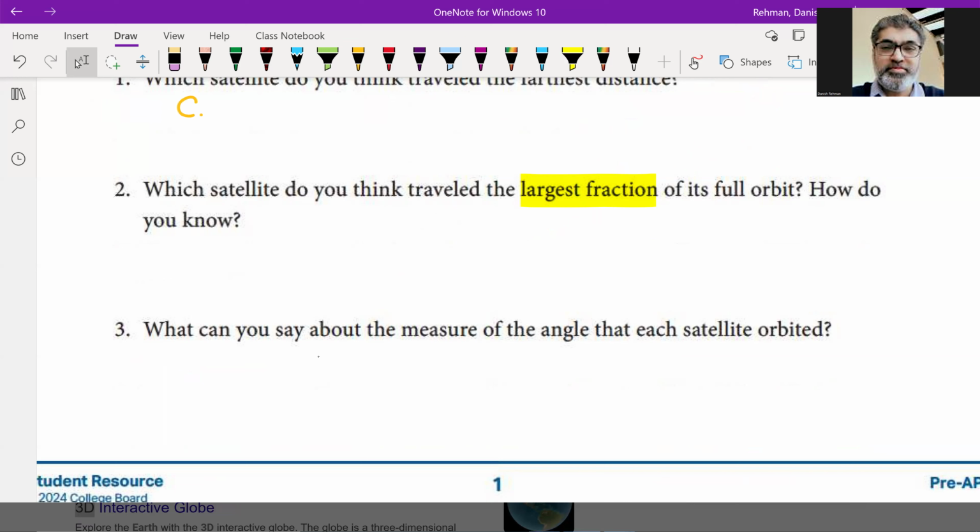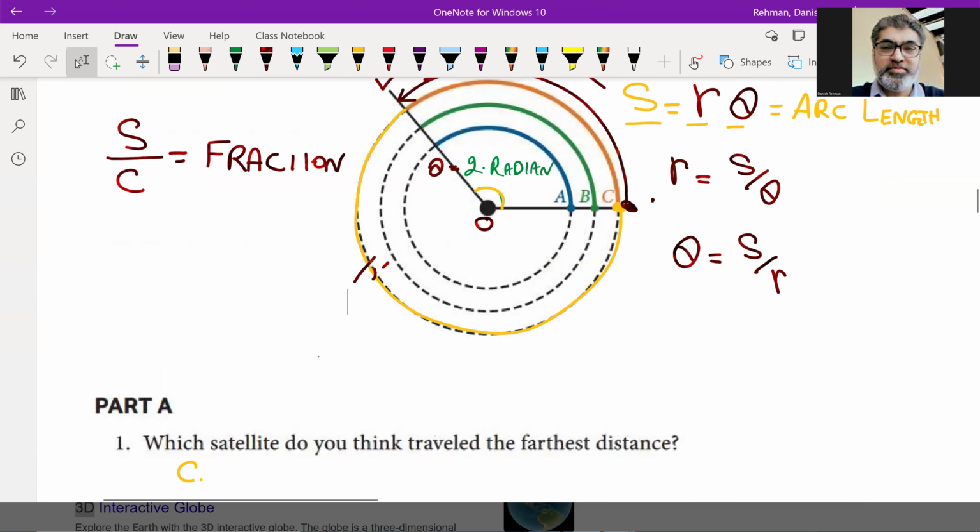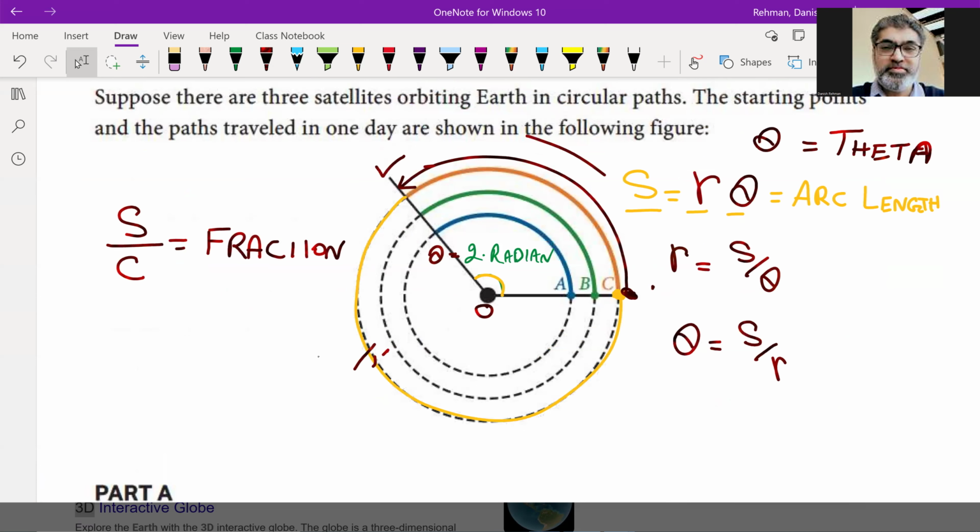So that thing I'm bringing in over here. The initial position is over here with the C. The initial position for the B is also here. The initial position for the A is also here. And then all of these are traveling for how many angles? 2 radians, right? So every single time we are getting an orange arc length.